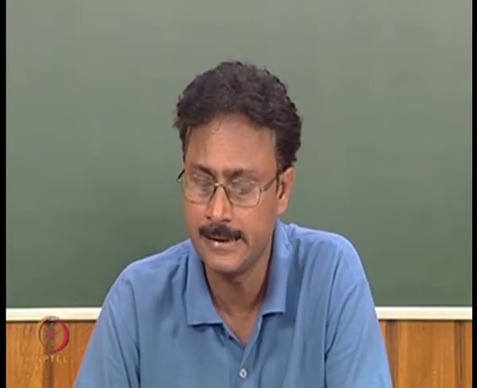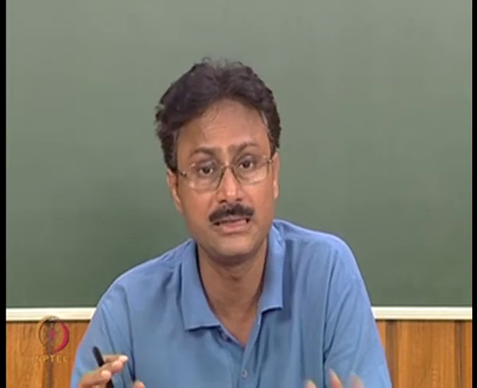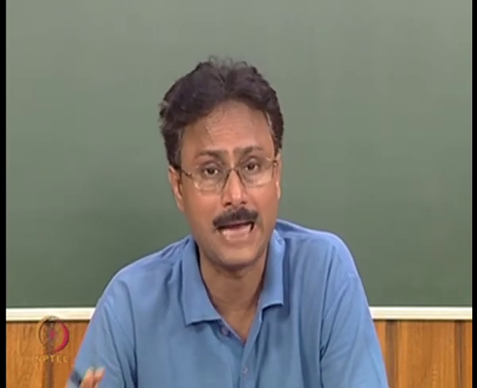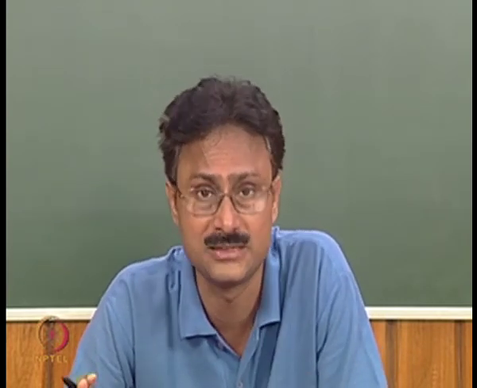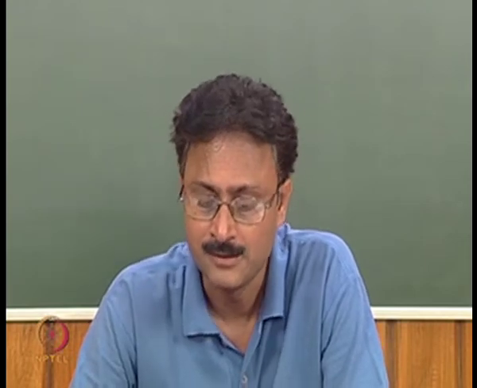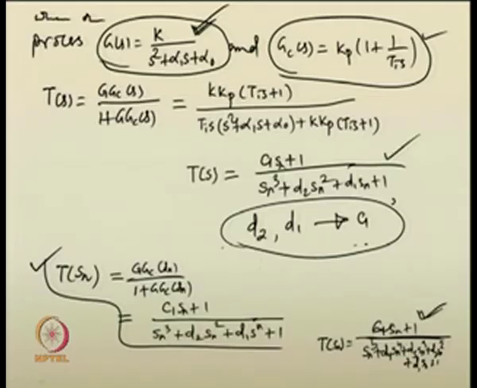We may get a transfer function which will give us the desired time response of a closed loop system. That is the objective. Then from back calculation, since d2, d1 are made up of nothing but the parameters of the controller, one can easily estimate the controller parameters.